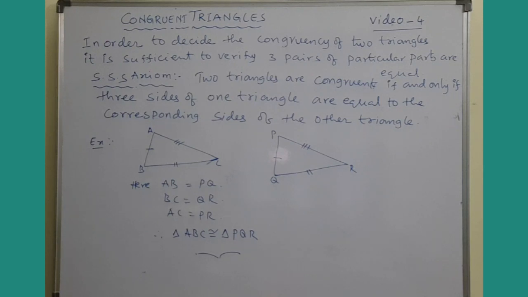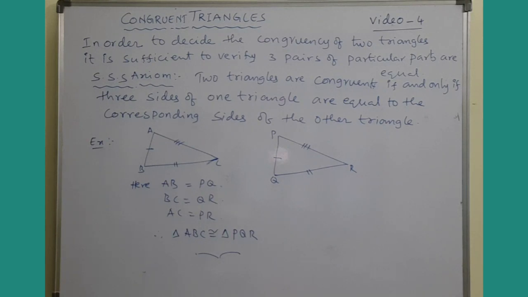See my dear, if we know three sides of a triangle, then the three angles can be found very easily. But the sides cannot be fixed when the three angles are fixed.